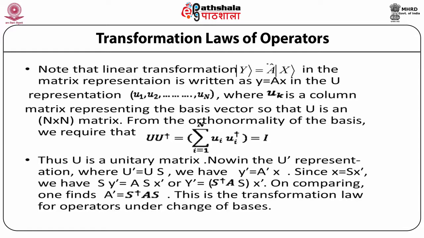From the orthonormality of the basis, we require that U†U = summation over i going from 1 to n ui†ui = I, where I is the identity matrix. Thus, we see that U is a unitary matrix.